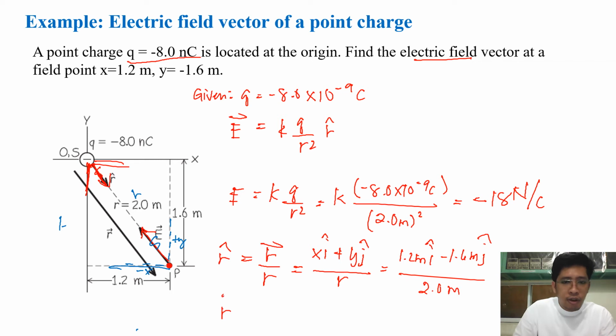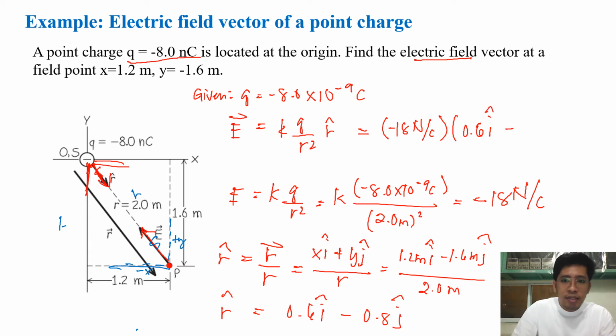You'll see that your unit vector R hat is equal to 0.6 i hat minus 0.8 j hat. We multiply this by your magnitude, negative 18 newtons per coulomb, times your R hat, which is 0.6 i hat minus 0.8 j hat.